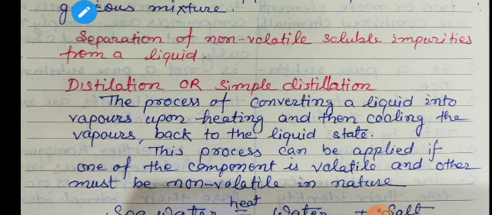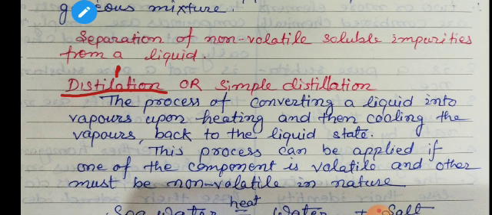And the purification of seawater can be done with the help of the technique which is known as distillation, or simple distillation also we can say. So here double L is there, distillation or simple distillation. And first of all, we will try to know what is distillation or how we can define this term.